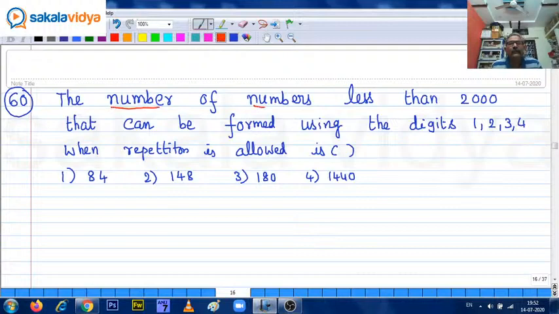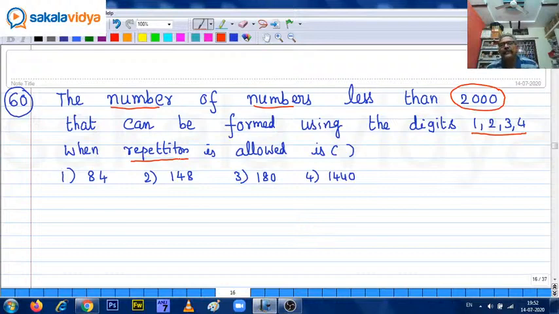The number of numbers less than 2000 that can be formed using the digits 1, 2, 3, 4 when repetition is allowed. Less than 2000 means we have 4-digit numbers, 3-digit numbers, 2-digit numbers and 1-digit numbers that we need to find out.